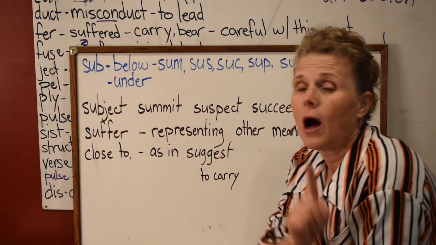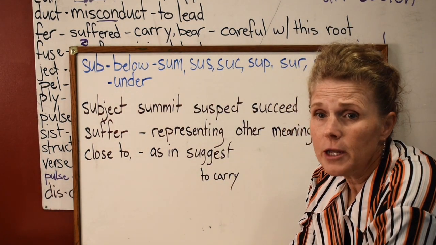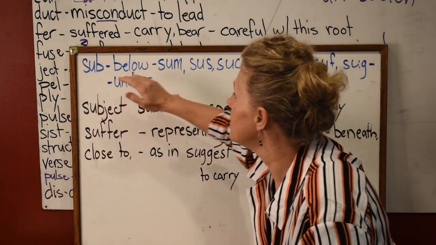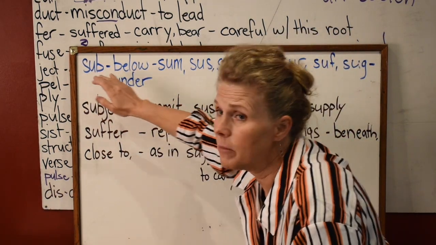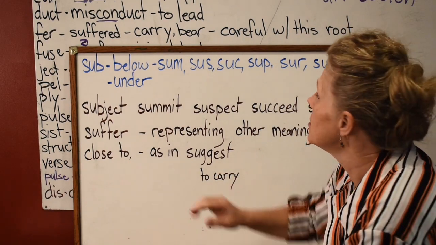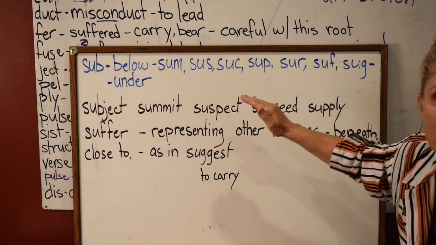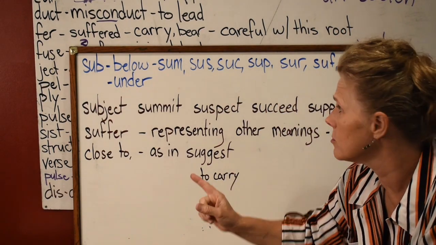All right, so now I'm going to have you focus on the Latin prefix sub. It means below. Sub means below. Now we need to remember all of the other prefixes that have the same meaning that are going to go on different roots.